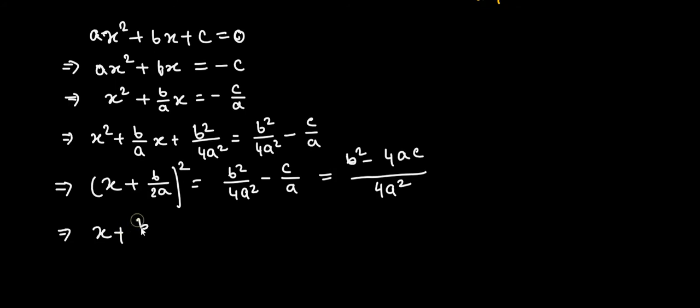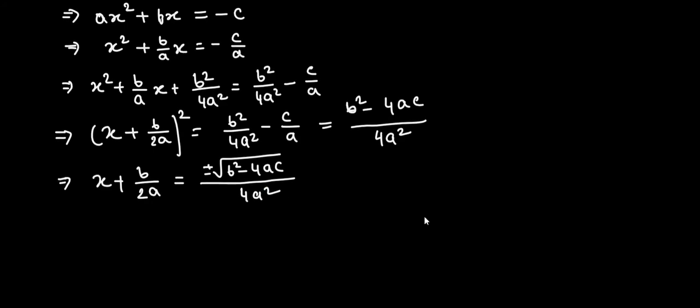So what would be the value of this portion? x plus b upon 2a would be plus minus root over b square minus 4ac upon 4a square. Clear?